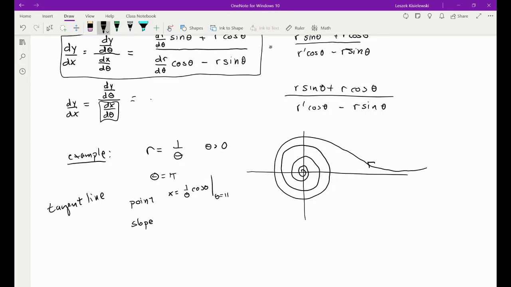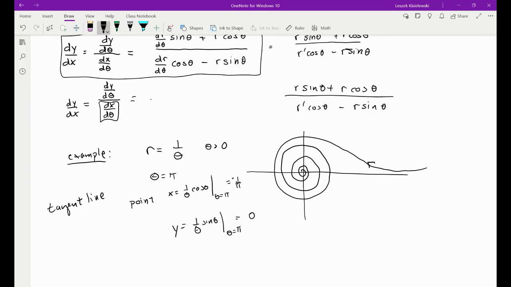And specifically when theta is pi, we get negative 1 over pi. So y is equal to r, 1 over theta, times sine theta, evaluated specifically at pi, so we get 0.